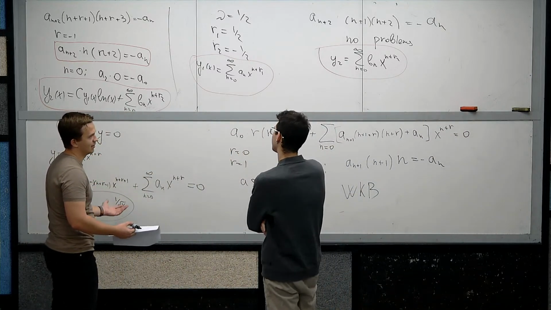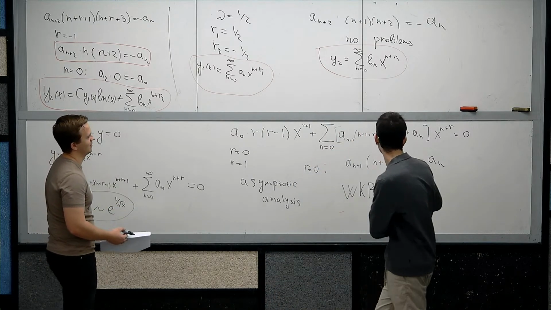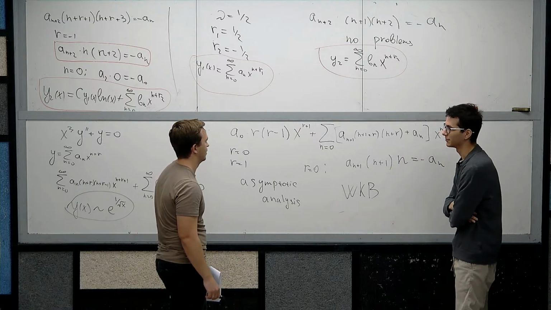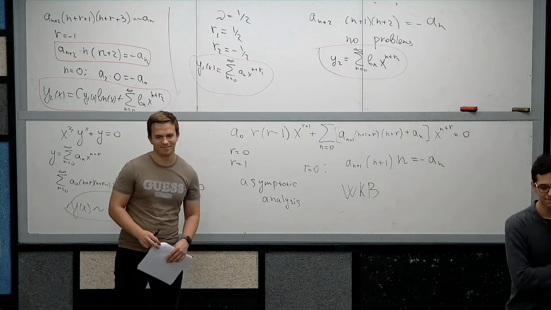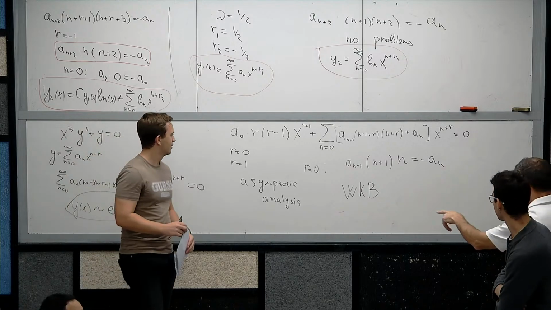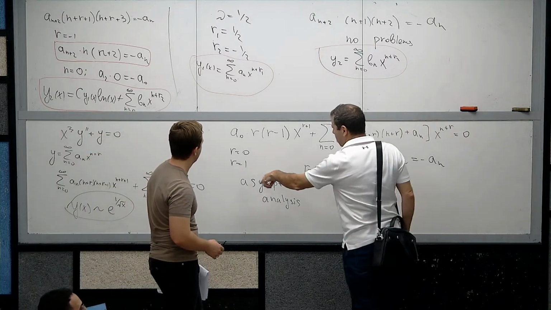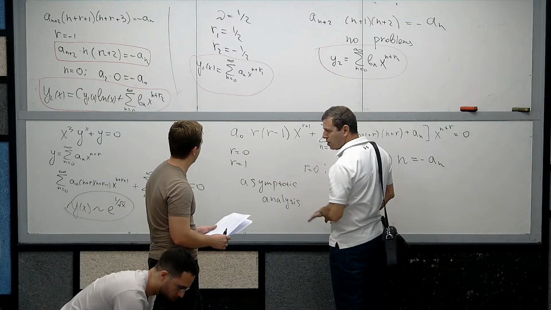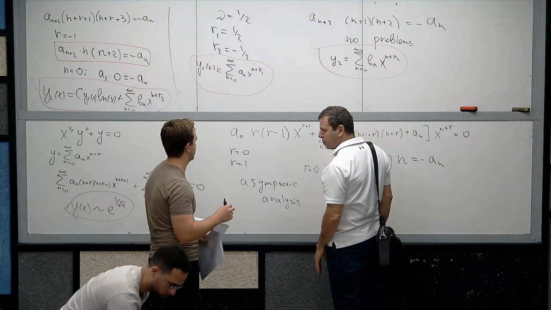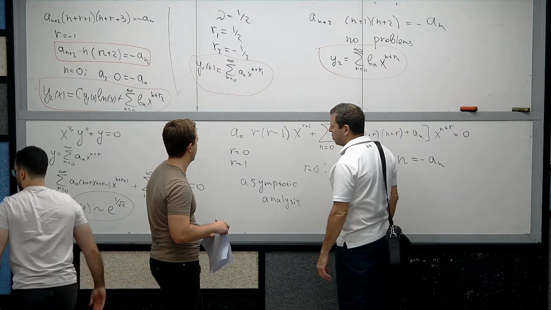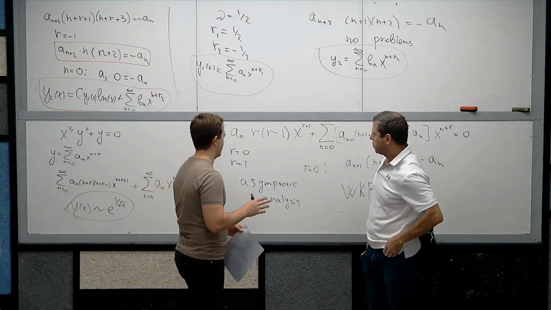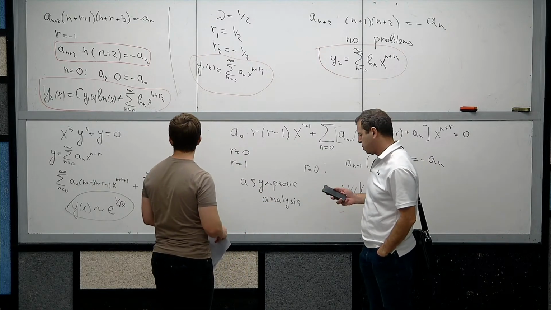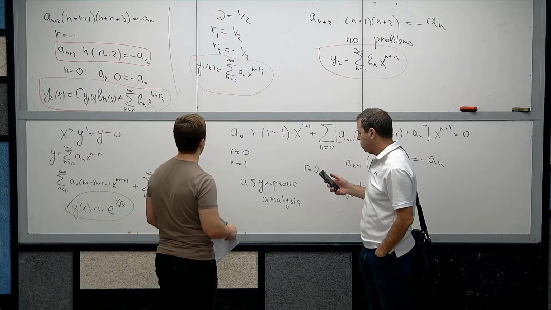Yeah, it sends every a to 0 because a0 is 0. Okay. The second solution is okay. We can solve with r equal 1, and then both solutions are not good. I mean, there is a theory that if one solution is not good, then this will not work.